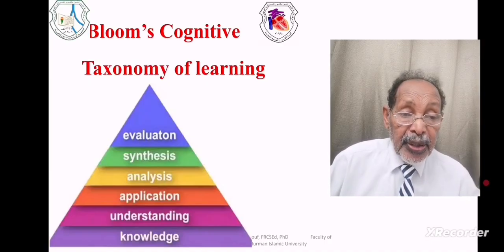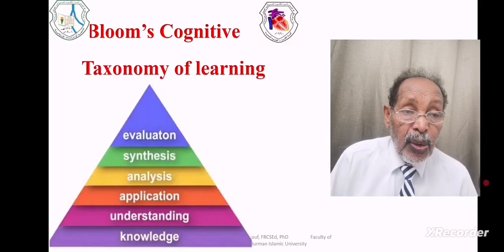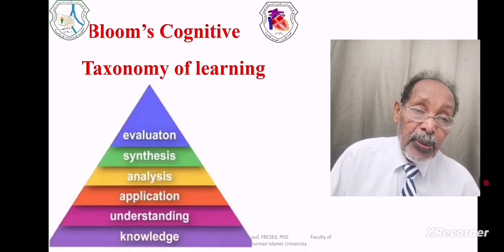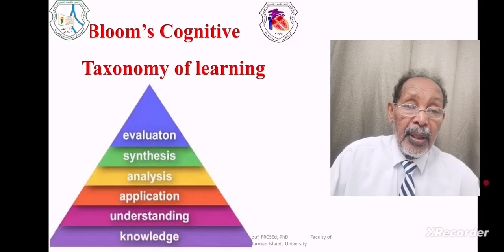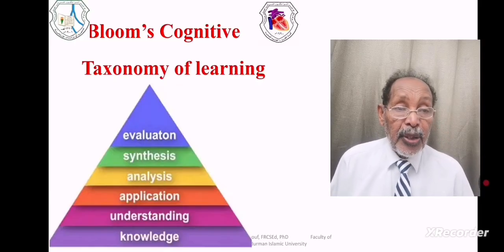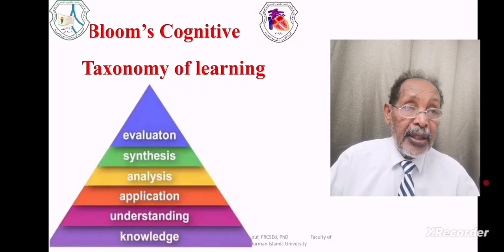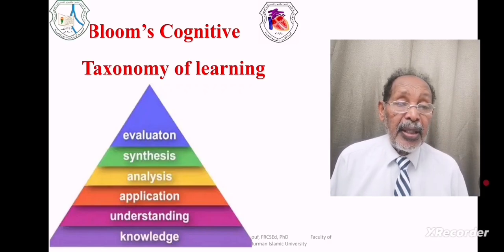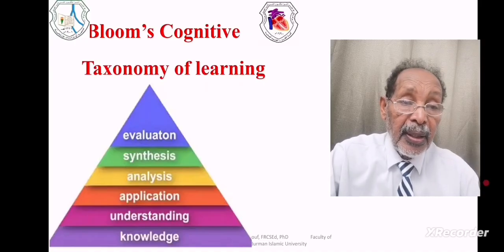That is, after digesting all this information, you come up with new information, like new music. This is synthesis. And at the top, if you can re-evaluate the whole process. Evaluation is the top skill for the knowledge.